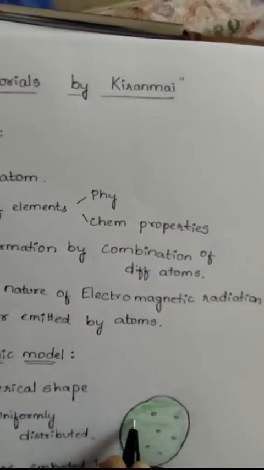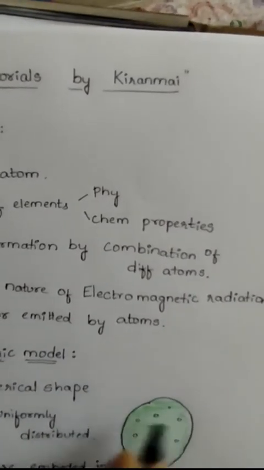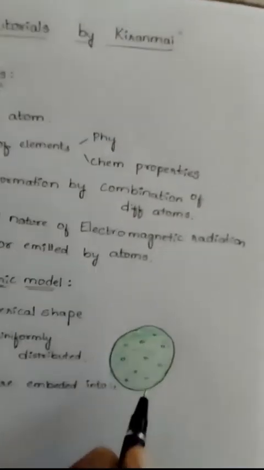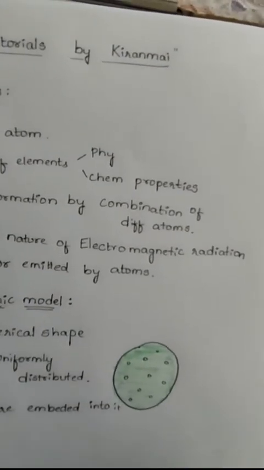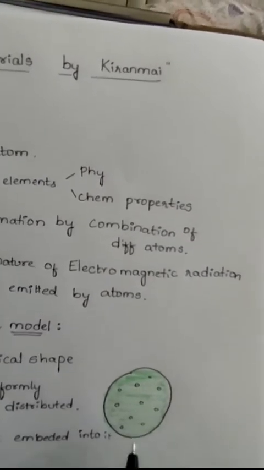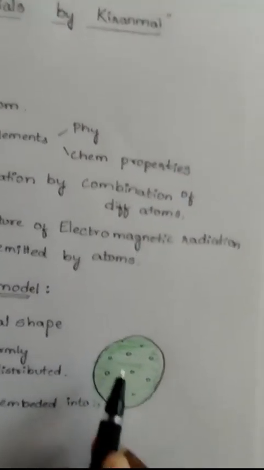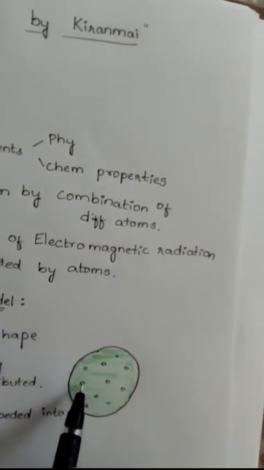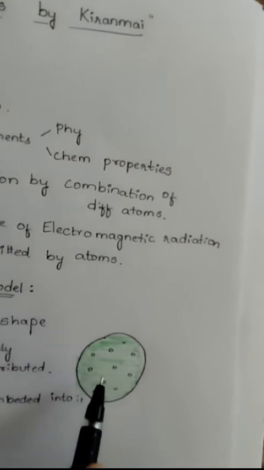These are the negative charges which are distributed all over the atom in such a way that they are arranged in the most stable manner through electrostatic arrangement. That is, the positive charge and the negative charge in it are balanced.